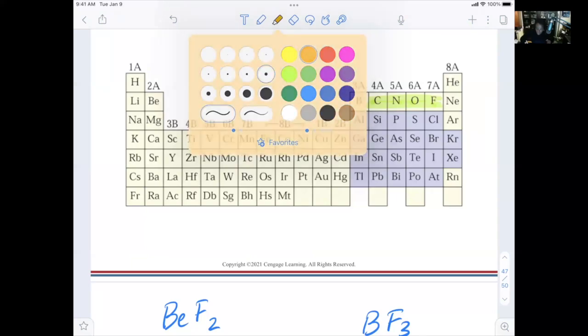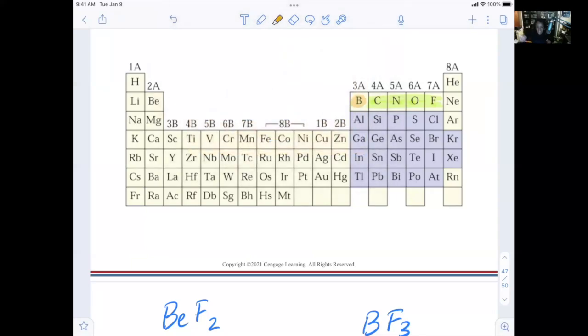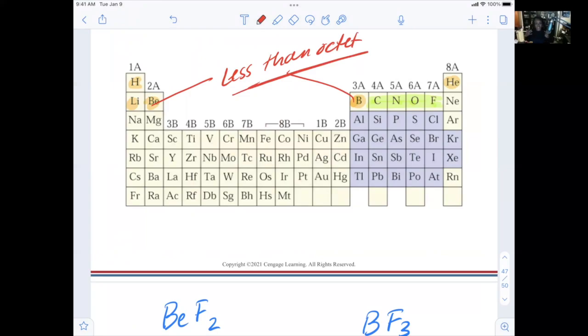Right before SNOF, carbon is the first element that obeys octet. Before it, we have boron, beryllium, lithium, helium, hydrogen. All of these are less than octet. They just don't start off with enough electrons. They start off with a deficient number of electrons, so it's difficult for them to get to octets. We can't get to octets, so we don't, okay?